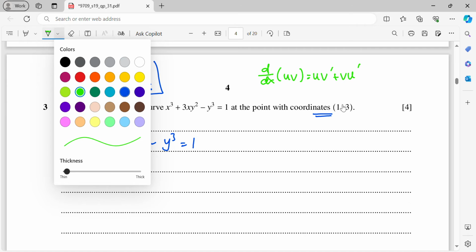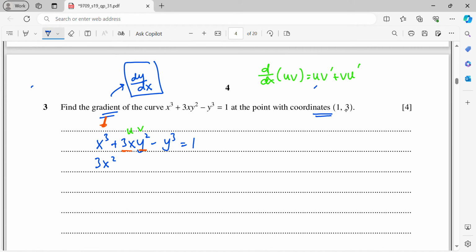Now here, keep the u, that means keep the 3x, and differentiate y squared, with respect to x. Just for information, we have another formula: differentiate a function of y with respect to x is going to be differentiate the function of y with respect to y, then times dy over dx.